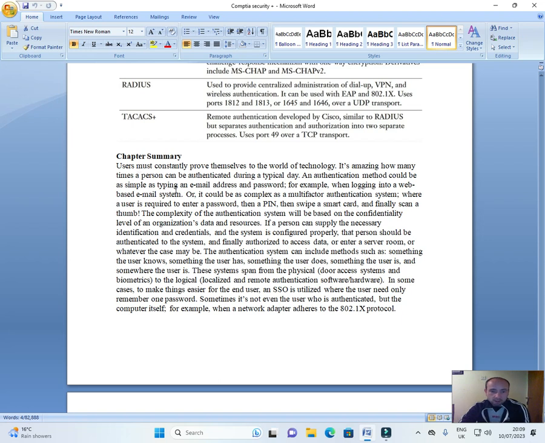Chapter summary. Users must constantly prove themselves in the world of technology. It's amazing how many times a person can be authenticated during a typical day.